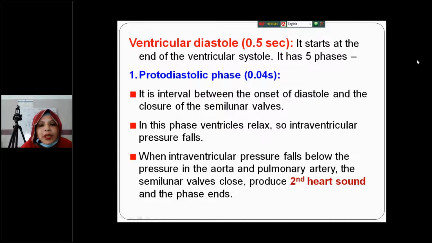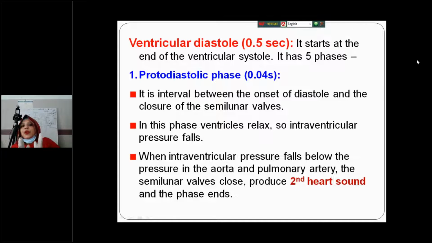Diastole means the ventricle now relaxes, and the ventricle is filled with blood at this time. So the right ventricle and left ventricle become relaxed and get blood supply. The right ventricle gets its blood from the right atrium, and the left ventricle gets its blood supply from the left atrium.